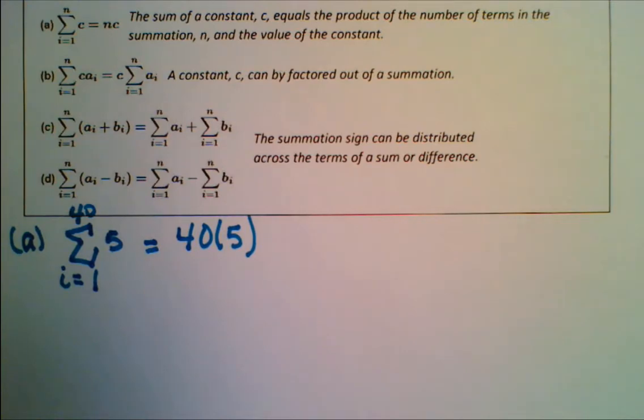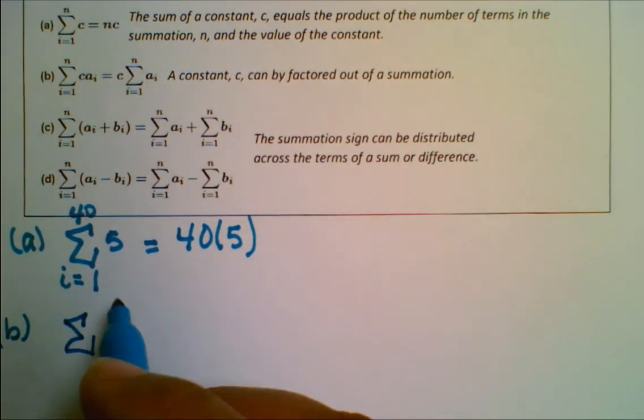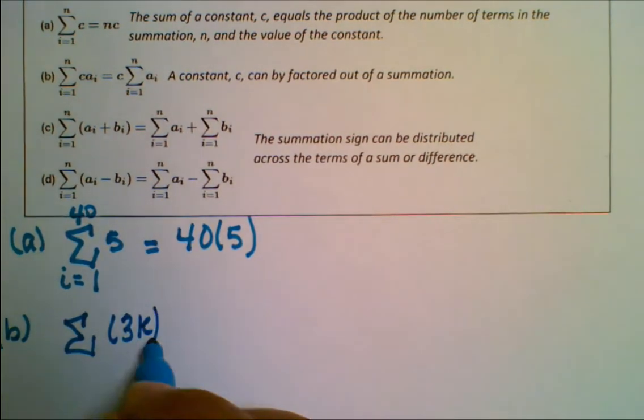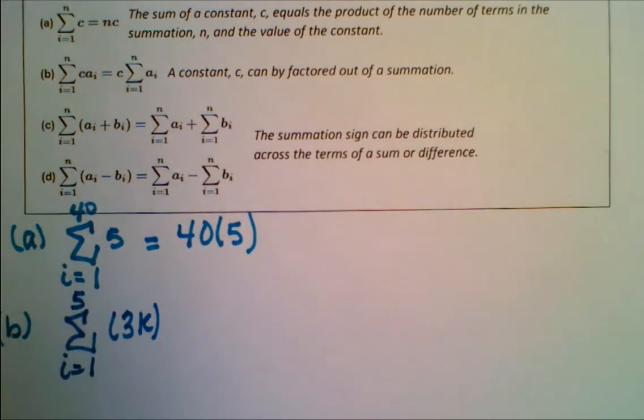For example, we have here the sum of 3 times k as i goes from 1 to 5.